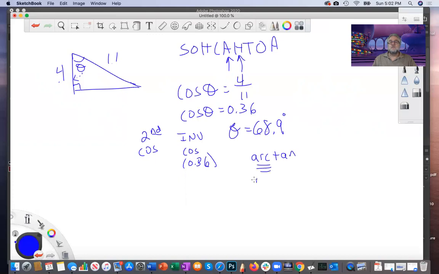Arc means inverse. I don't know where arc came from in the world of math. I bet a math historian does. But arctan is the same as inverse tan, is the same as tangent to the minus 1. This means inverse, just like when we were doing inverse functions, f to the minus 1 meant inverse function, not 1 over f. Okay?